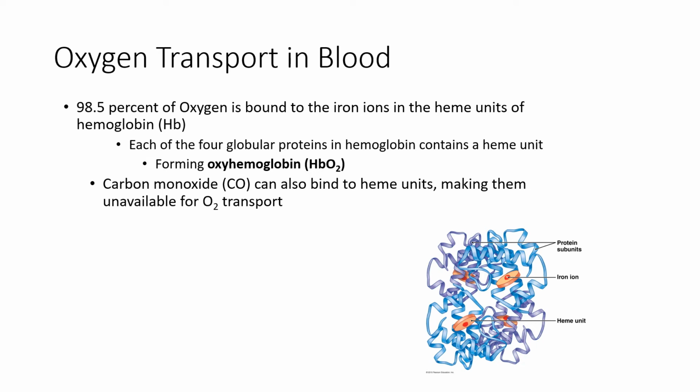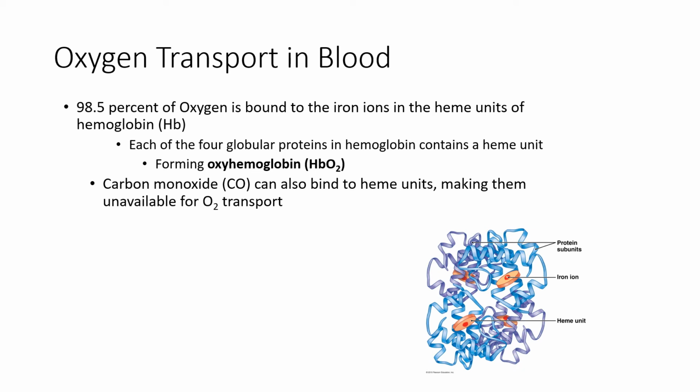Moving on to oxygen transport in your blood. 98.5% of oxygen is bound to the iron ions in the heme units of hemoglobin, which, if you need a little refresher, take a look at this little picture down here. We have our four protein subunits that are going to contain a heme.